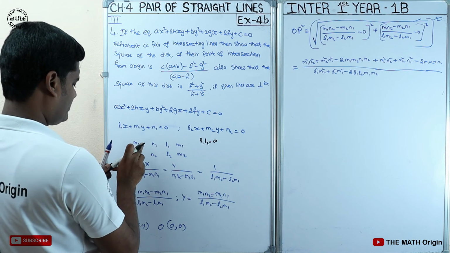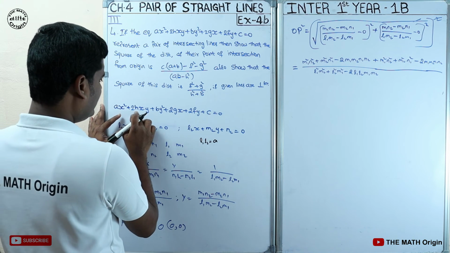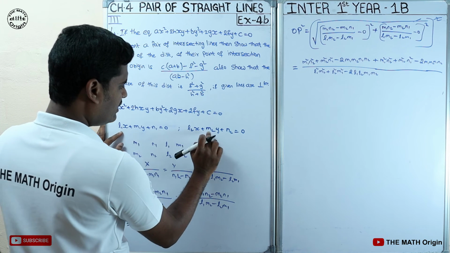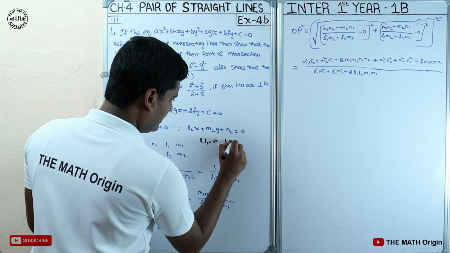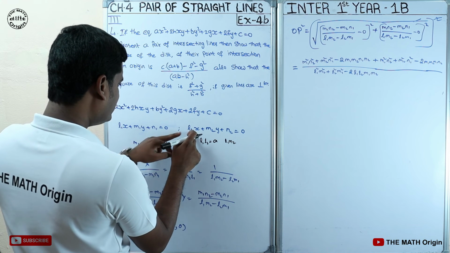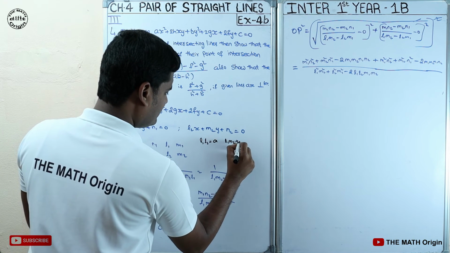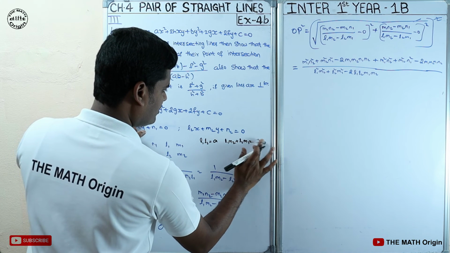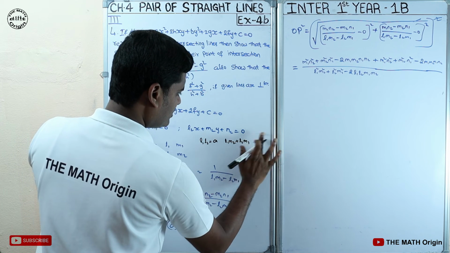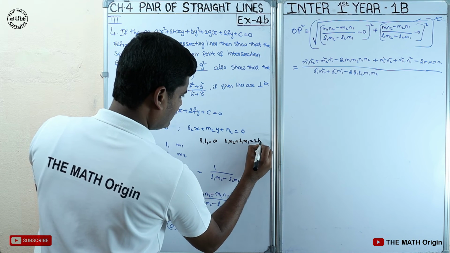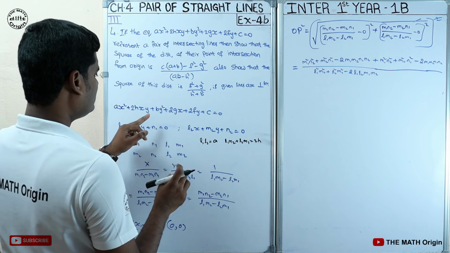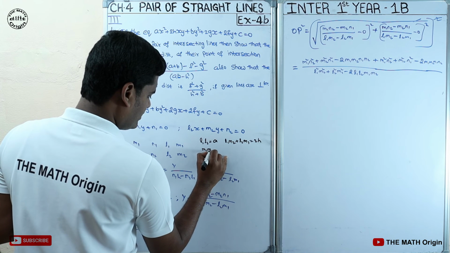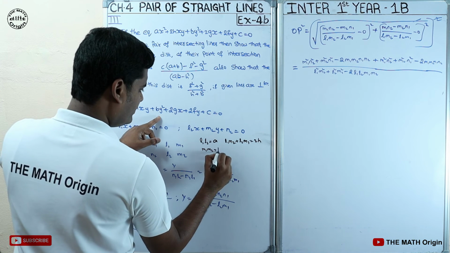Next xy: we have 2h, and from this xy means L1 M2 plus L2 M1, which is equals to 2h. Y square means M1 M2 is equals to b, the y square coefficient.